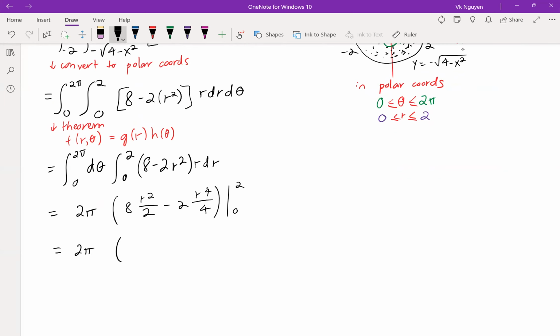2 pi, simplify this thing: 4r squared minus half of r to the 4th, from 0 to 2.